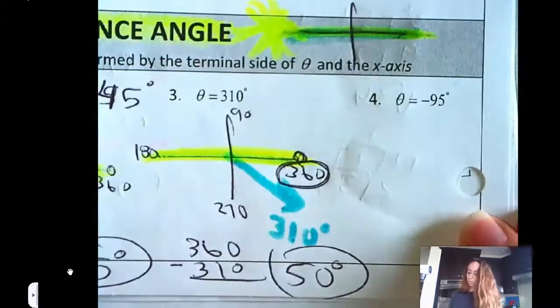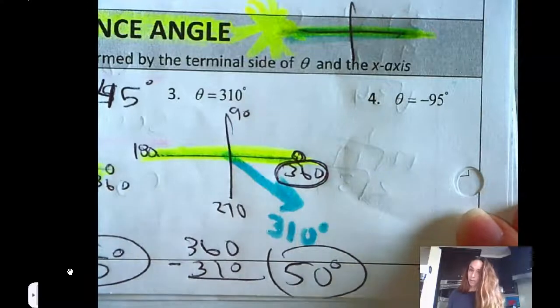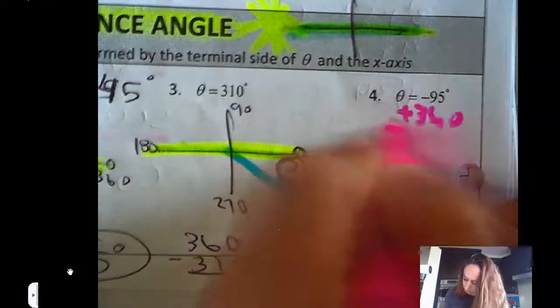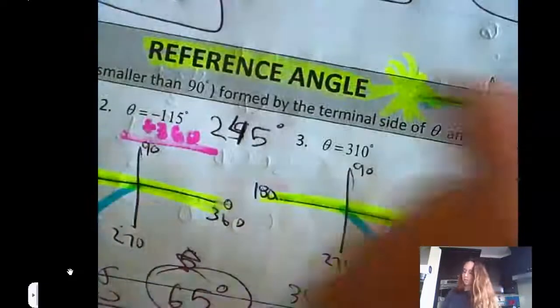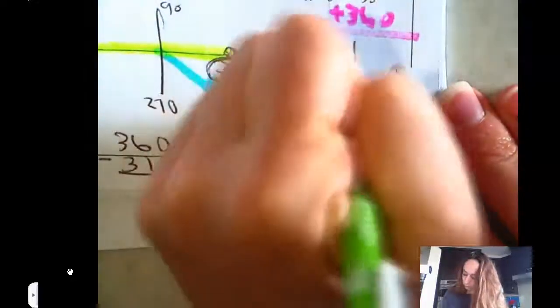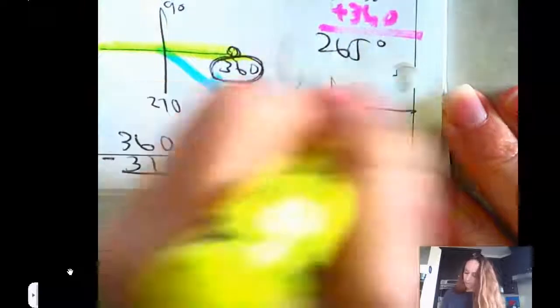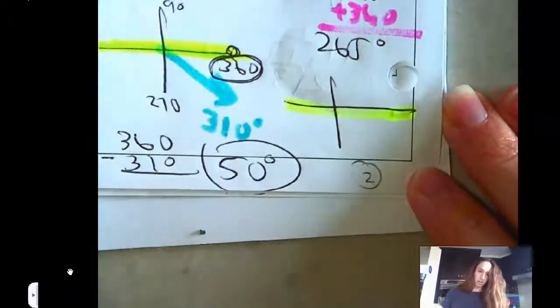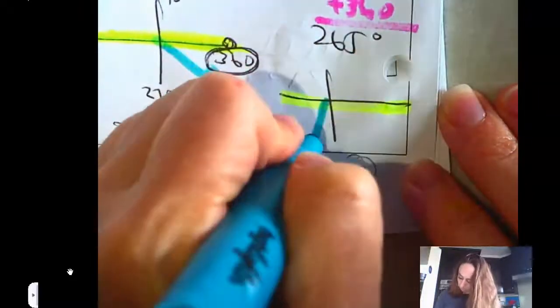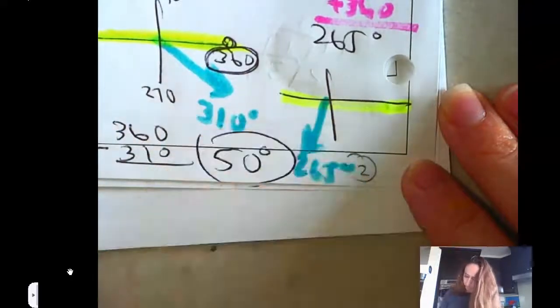Last one. Uh-oh, I don't like it. I have to find the coterminal. So I add 360. And I get 265. And then now I graph it. X-axis. 265 is over here. 265.